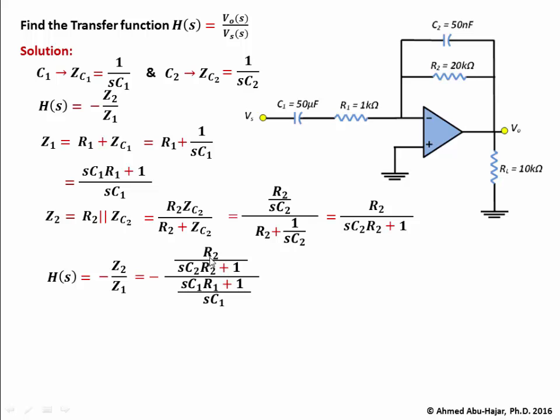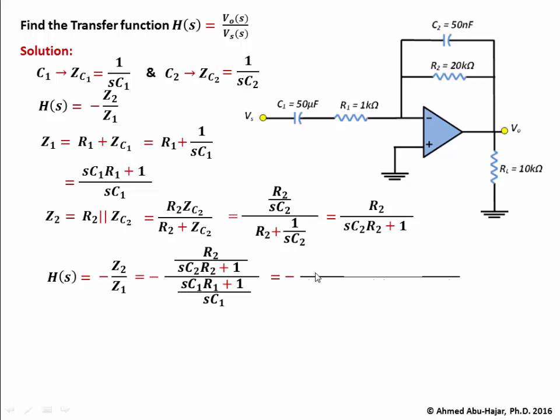As we stated earlier, we would like to express the transfer function as a rational function. So we need to simplify this form. And the way to do that is I'm going to bring the denominator of the top part to the bottom and the denominator of the bottom part to the top. So basically, I'm going to multiply by SC1 to the top.